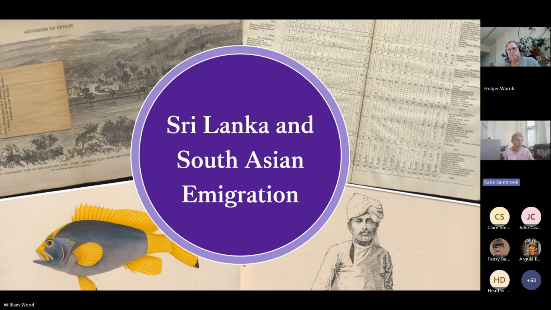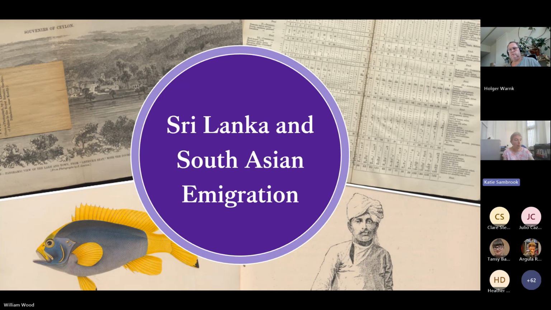The collection also contains some very interesting and rare material documenting emigration from South Asia to other parts of the then British Empire during the 19th century, South Africa, East Africa, and the Caribbean. So in the images, you can see on the bottom right, a gentleman there is an Indian immigrant to Trinidad in the 1880s, by which time there were over 67,000 people of South Asian descent living in Trinidad.